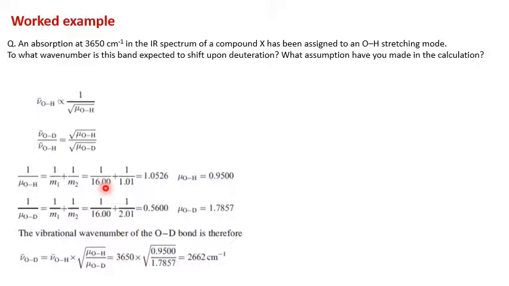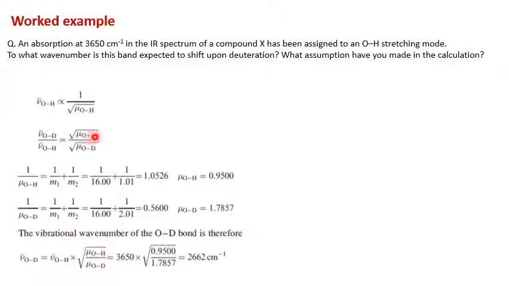In short, in OH and OD the oxygen atom is fixed. You are changing the hydrogen to deuterium, so basically you are adding 1 unit extra.